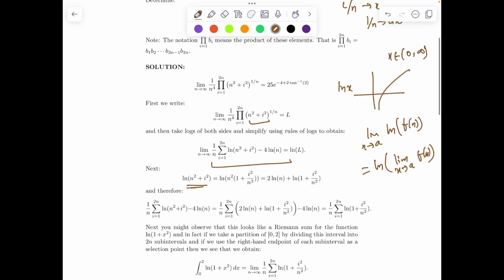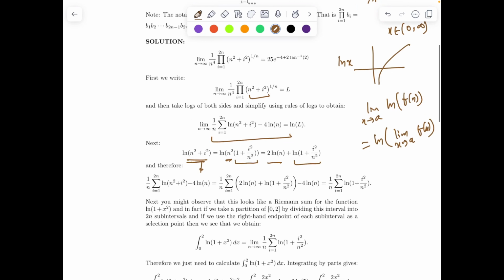Now our attempt is to convert this into i by n. So we'll take n square common, and 1 plus i square by n square is separated, and therefore the given limit takes 1 by n sigma of ln of n square plus i square minus 4 ln n.